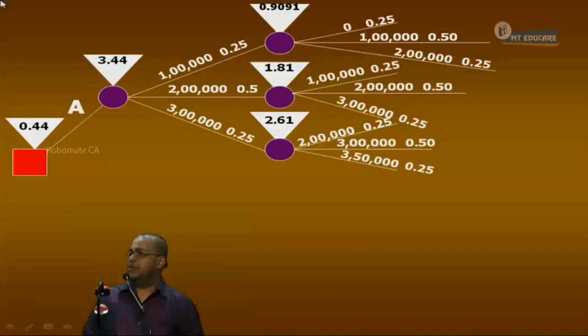Expected year 2 cash flow in year 1 terms is equal to 2 lakhs into 0.9091, which is equal to 1 lakh 81,820. We wrote approximately as 1.81 lakhs. Leave the hundreds and all. Can I proceed? Now, next. Working note number 3.